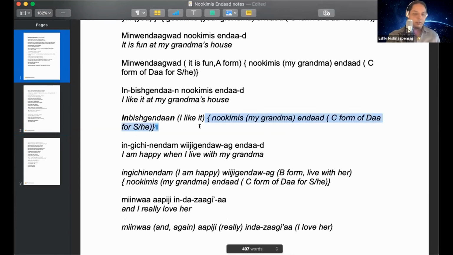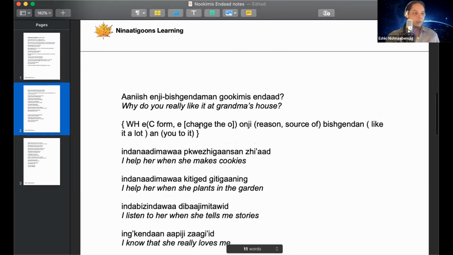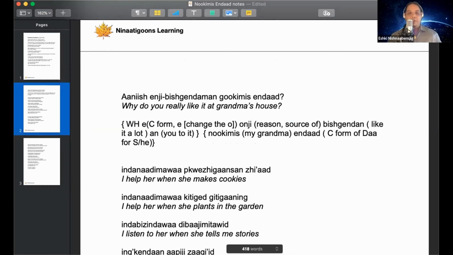So for me, this is one thing that really helps is learning these blocks of language that you can squish together with other blocks that don't interfere with each other.